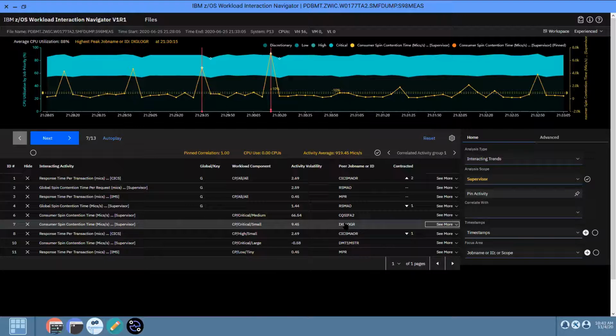So our working theory at this time is that the IXG logger address space is doing some kind of periodic activity under the IMS common queue server logging activities, and that's somehow triggering contention in IMS common queue server and RSM AD lock contention, which later drives IMS response times and CICS response time spikes.